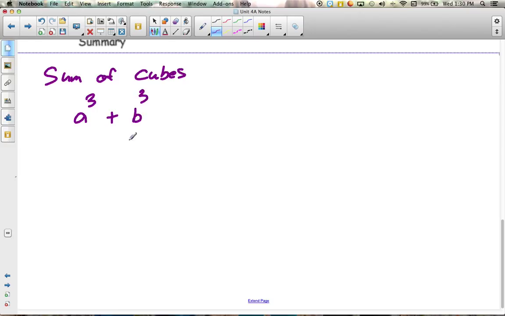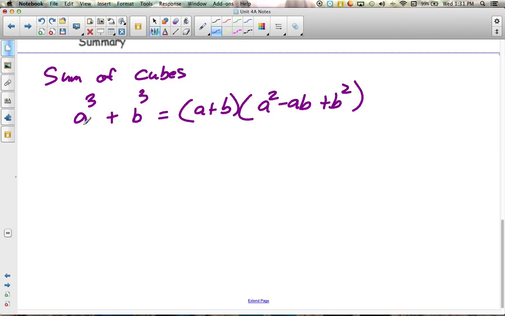If you see that, it factors down to a plus b times a squared minus ab plus b squared. So that's for the sum of cubes.